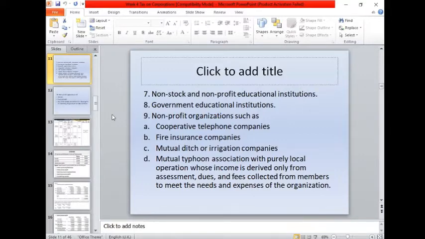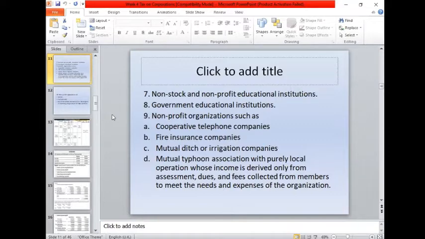Okay, so when we say non-profit education institutions, those are managed by a church or a convent. And the government educational institutions, of course, are the state and local colleges and universities.